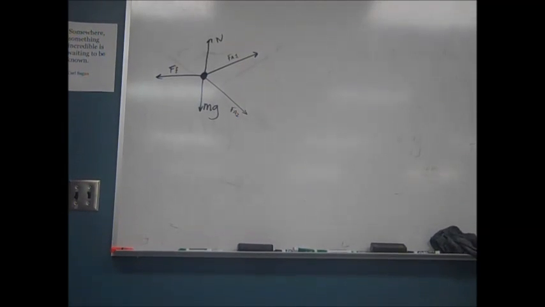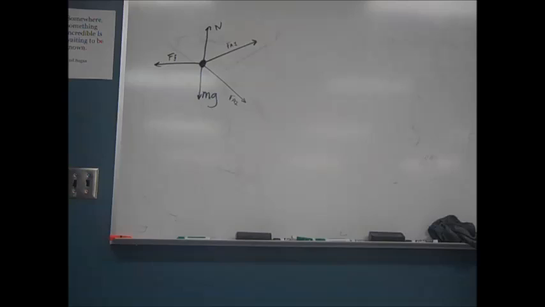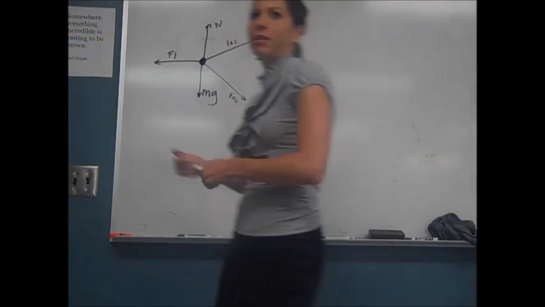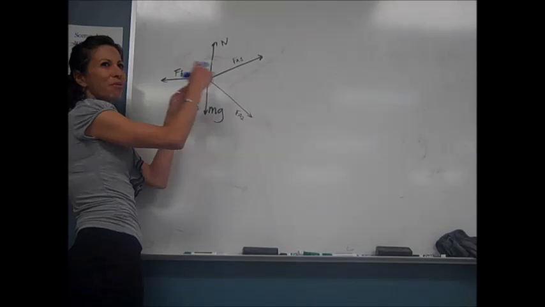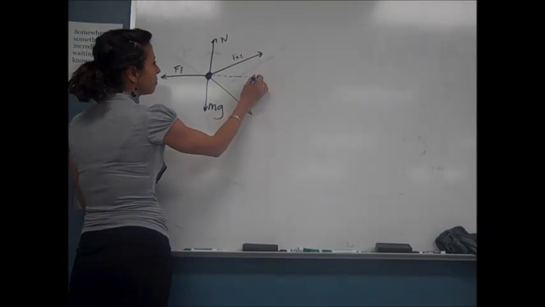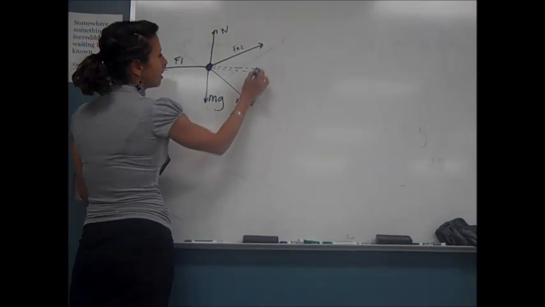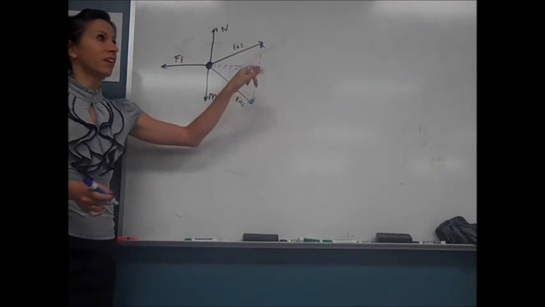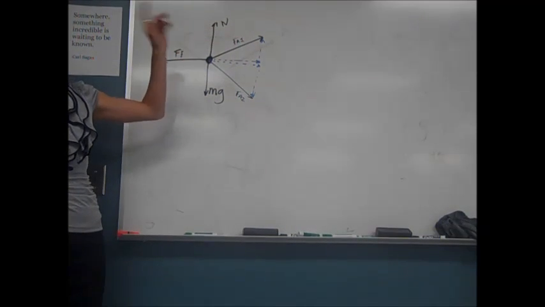Now we have two forces that are at angles. So what's the next part of drawing this free body diagram? Yeah, drawing the components, and they're going to be overlapping each other, which I know is kind of weird, but I just put them next to each other like that, just to remind myself that there are two of them here. So when I go back later to look, I don't just see one arrow.